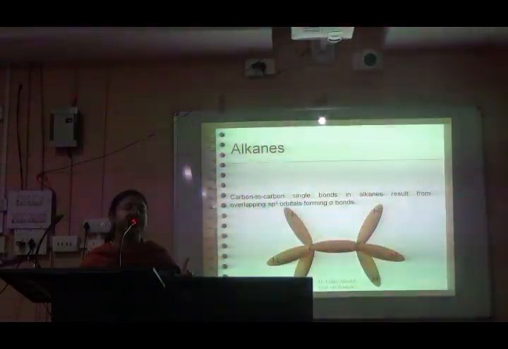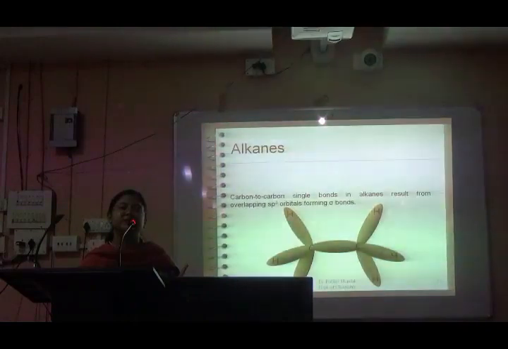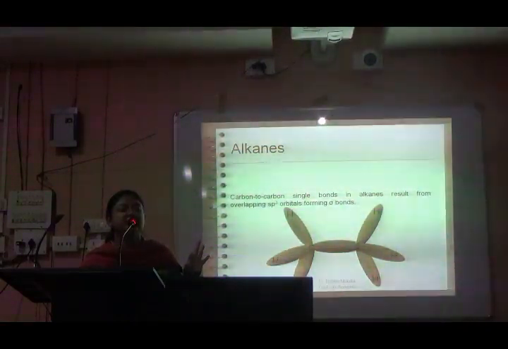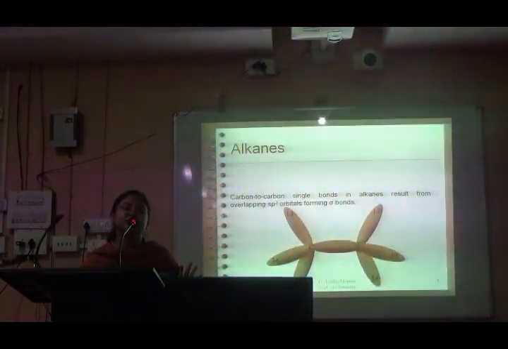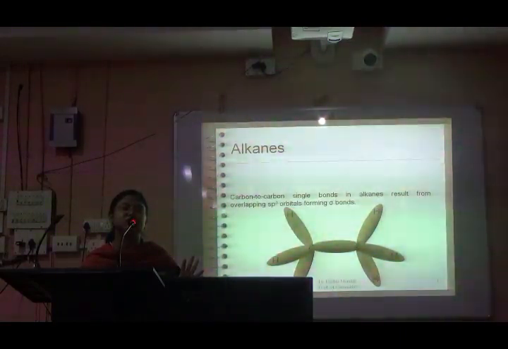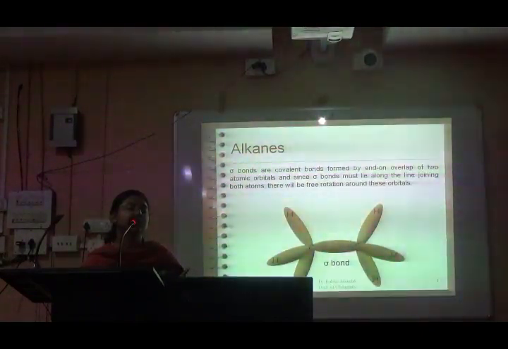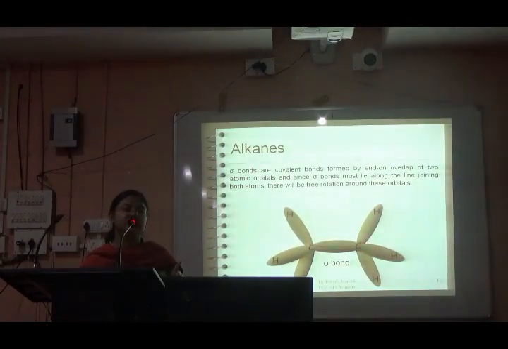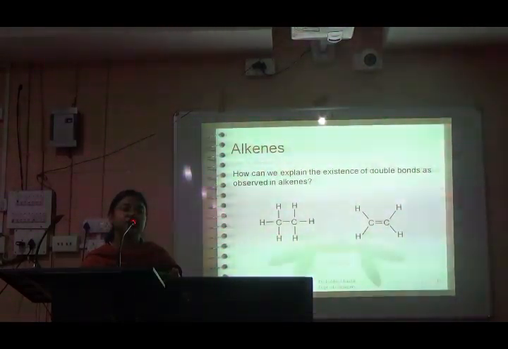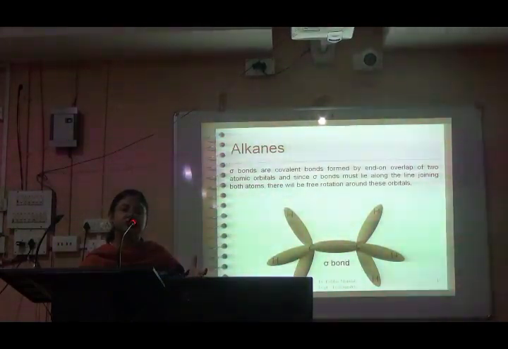In ethane also, a similar type of bonding takes place, where 3 of the 4 hybrid orbitals form sigma bonds with hydrogens and one with the adjacent carbon atom. See, this is the sigma bond where one sp3 hybrid orbital from each of the 2 carbons participates in end-on overlap, forming a sigma bond having free rotation around the bond.